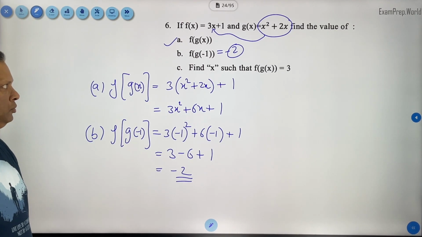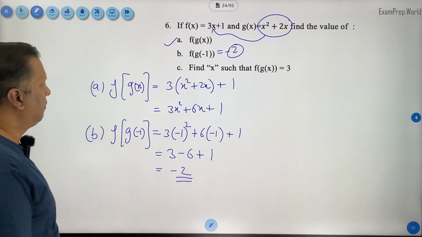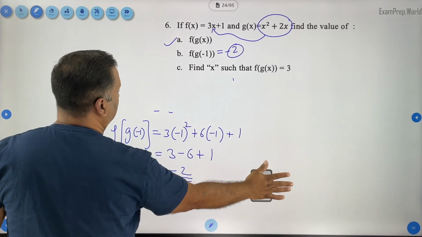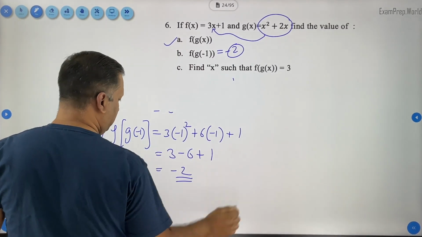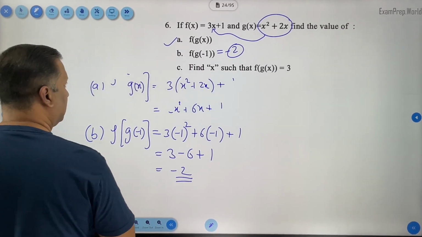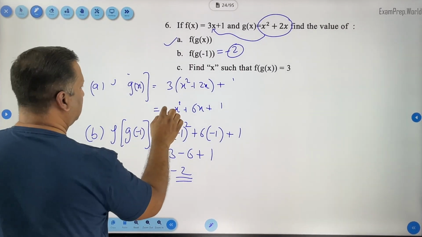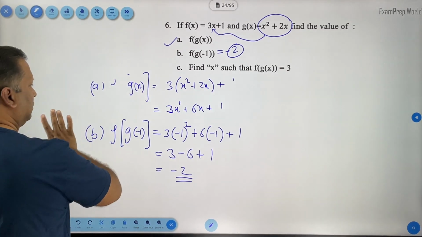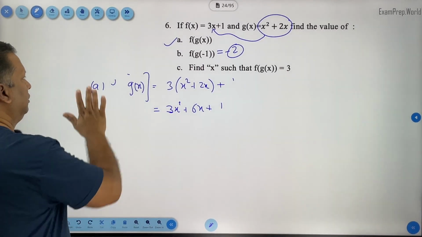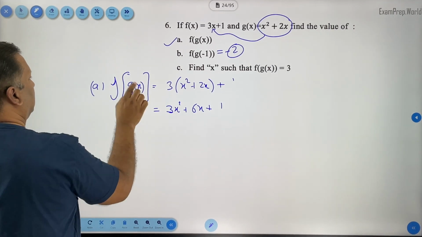Now let us do C. I need this function, 3x square, f of g of x.